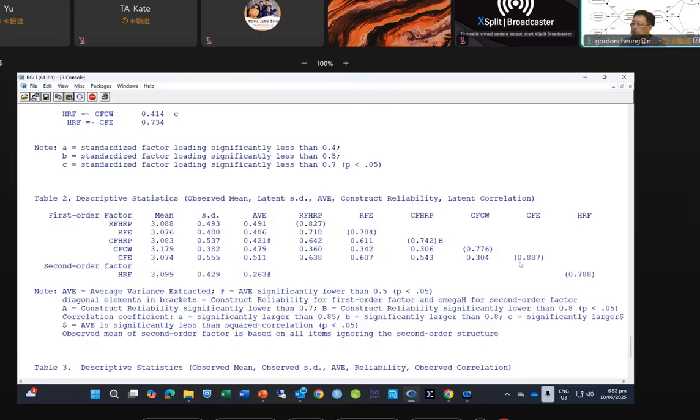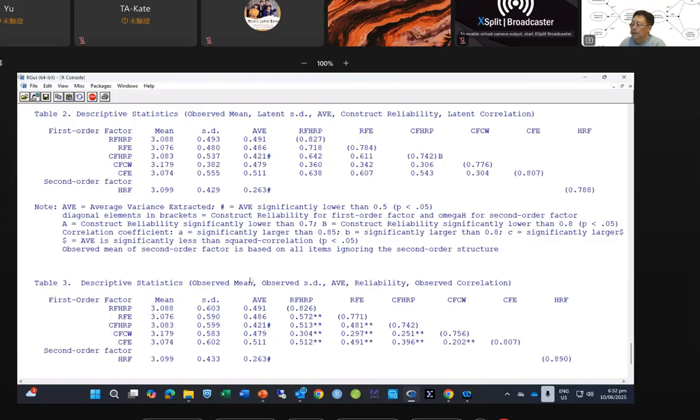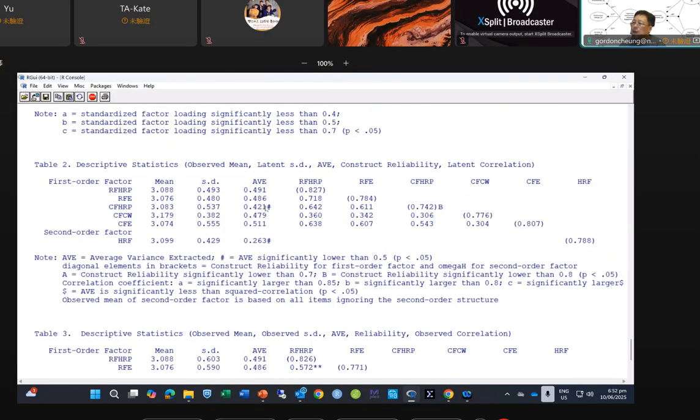If we look at the discriminant validity, we don't see any subscript next to the correlation coefficient, so there's no problem with discriminant validity. But this paper, although the data are simulated, I tried to simulate it as close as the original article, and I find that the AVE is very bad.